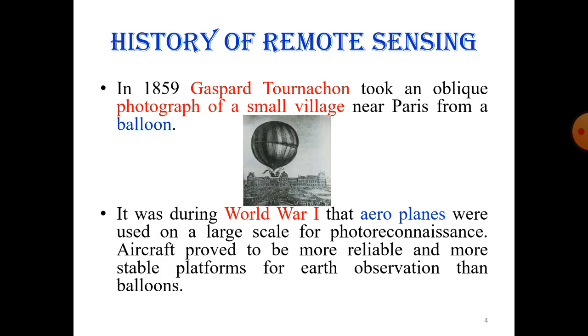In the first case, the sensors were fixed to the tethered balloons, whereas the platform of the sensors or camera during the First World War changed to an aerial platform, which is slightly away from the Earth's surface, and the area information it gathers is slowly magnified here.